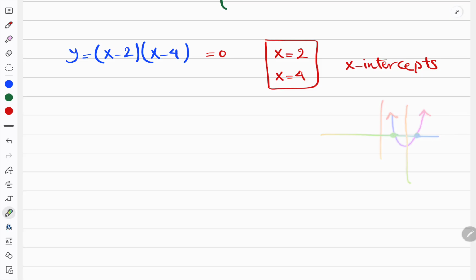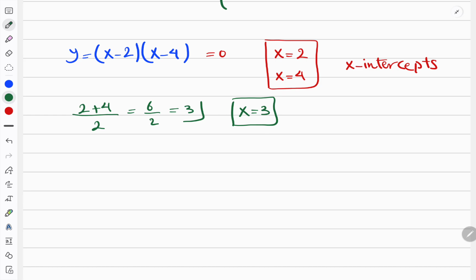And how can we find it? We just need to find the average of these two x-intercepts. So the average of 2 and 4, the sum of them over 2, 6 over 2, is 3. So x equals 3 is the axis of symmetry, the equation of that.